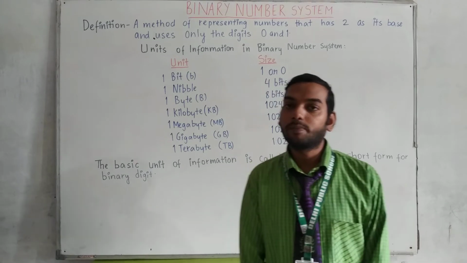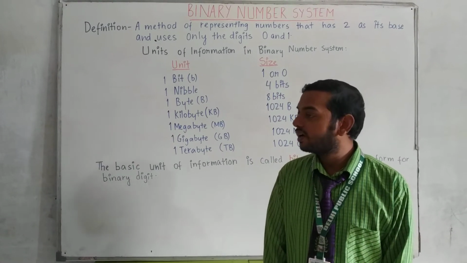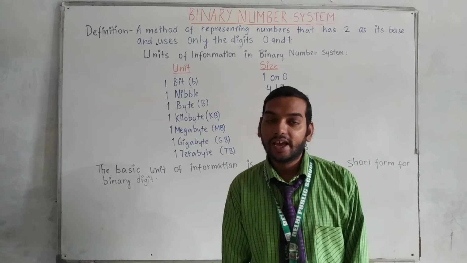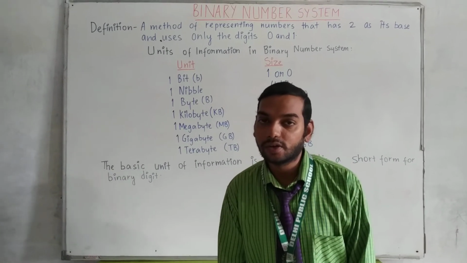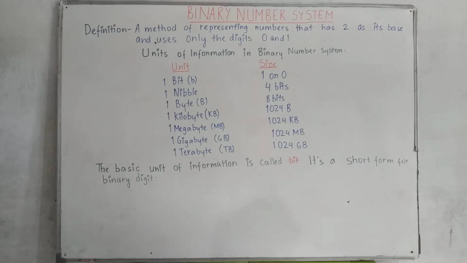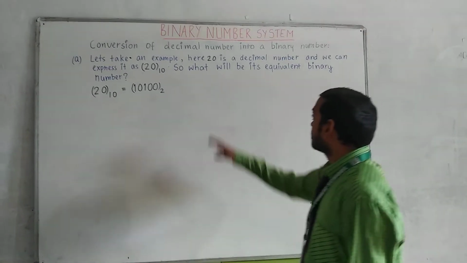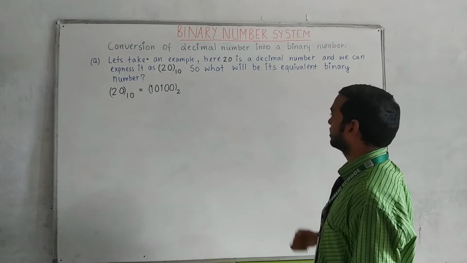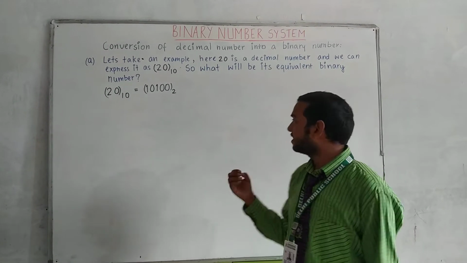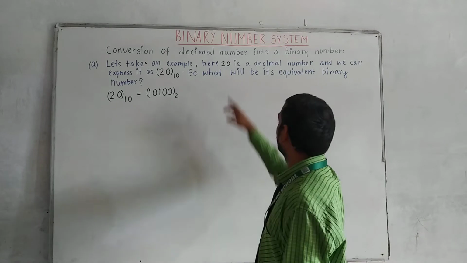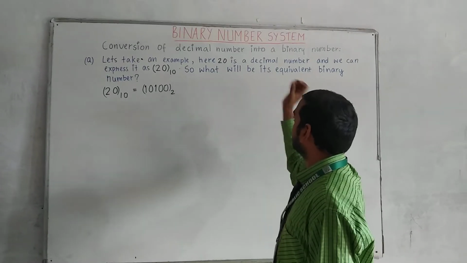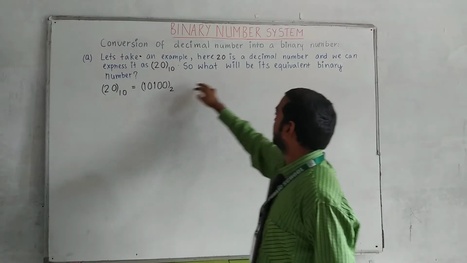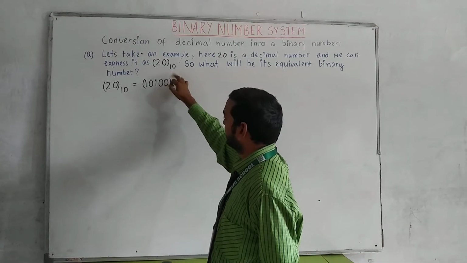Our next topic is how to convert a decimal number into a binary number and a binary number into a decimal number. Conversion of a decimal number into a binary number. Let's take an example: 20. 20 is a decimal number, and we can express it as 20 base 10.